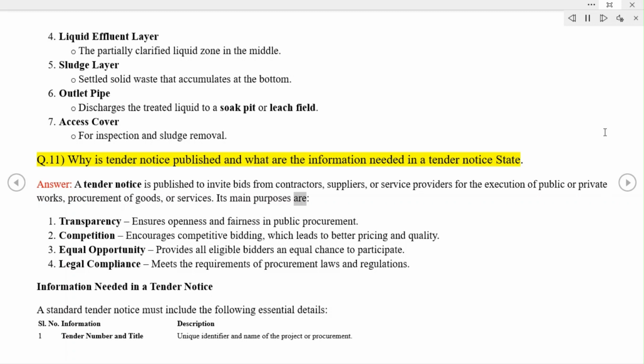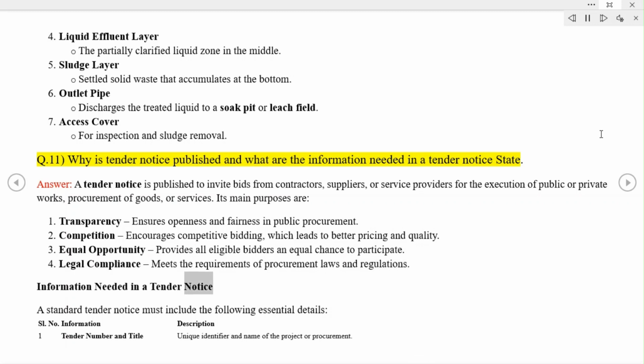Its main purposes are: transparency, ensures openness and fairness in public procurement. Competition, encourages competitive bidding, which leads to better pricing and quality. Equal opportunity, provides all eligible bidders an equal chance to participate. Legal compliance, meets the requirements of procurement laws and regulations.